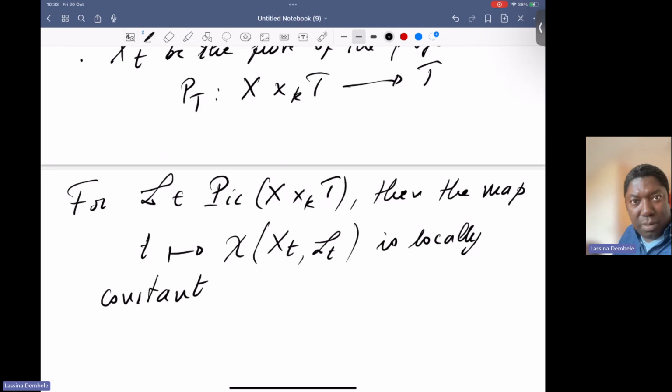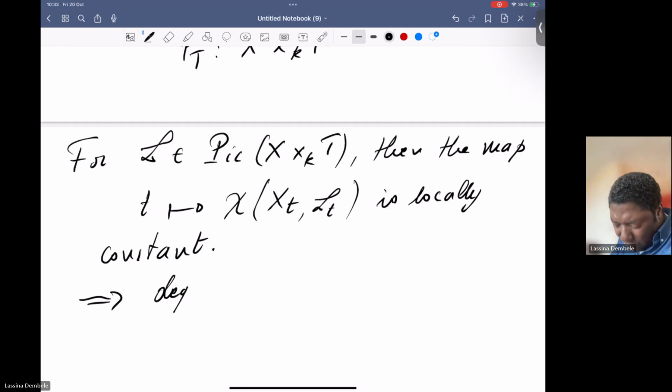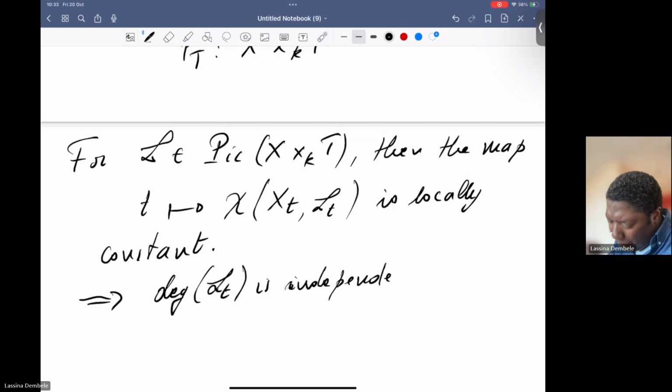Right. So what that means is that the degree of L_t is independent of t.